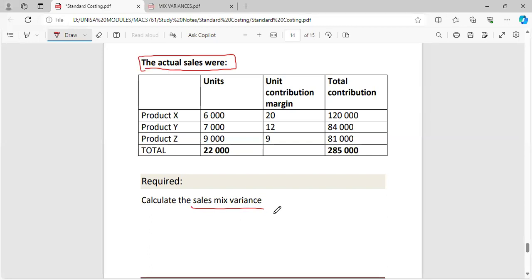So our formula is going to be, calculate the sales mix variance, which means we need our actual sales quantity minus the actual sales quantity in budgeted proportion.